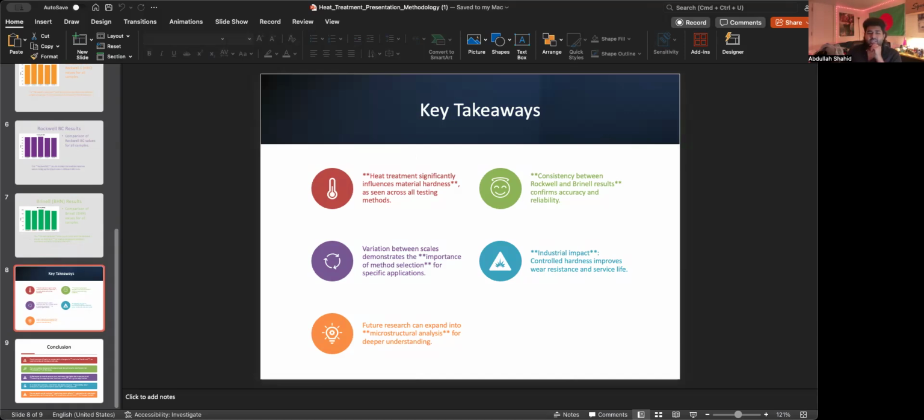Second, different hardness tests target different ranges, so using multiple methods gives a more complete view of material performance. And third, consistency across testing methods is a good indicator that your experimental process was sound. So yeah, you want to try a bunch of stuff to make sure that you have consistency.